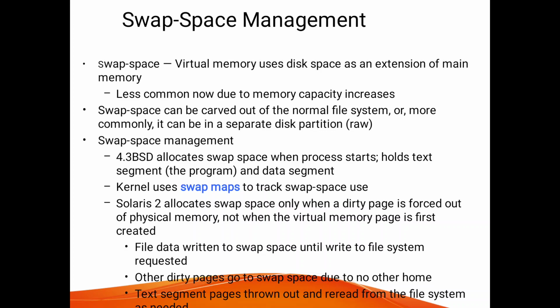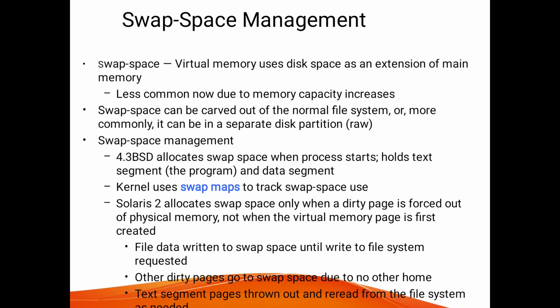In swap space management, virtual memory uses disk space as an extension of main memory. The swap space can be carved out of the normal file system, or more commonly it can be in a separate disk partition. In 4.3 BSD, swap space is allocated when the process starts and holds the text segments and data segments.